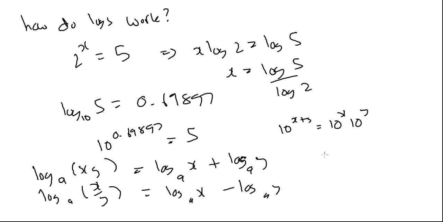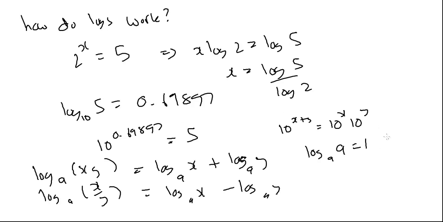The next set of relationships, and again these mirror what we did with indices. So log to the base a of a is equal to 1. I mean, if you're trying to get the log to the base 10 of 10, that's going to be 1, because 10 to the power 1 is equal to 10.